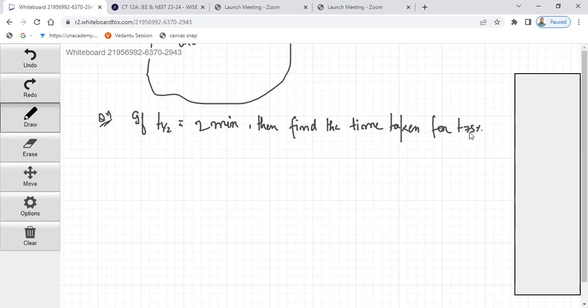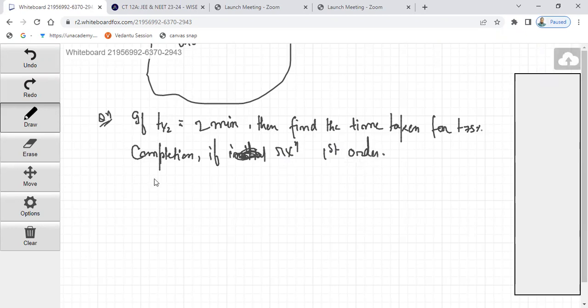For T75, meaning 75% completion, 25% will be remaining. The reaction is first order. Please try to solve.